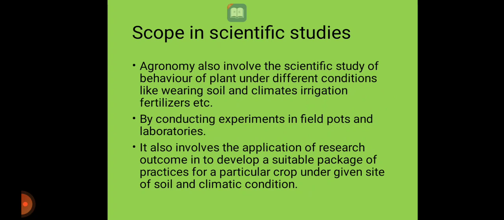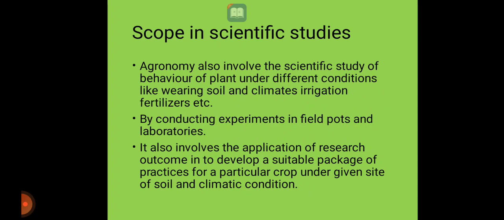When we study agronomy under scientific research, it is helpful to us. Agronomy involves the scientific study of the behavior of plants under different conditions like varying soil and climate, irrigation, and fertilizer.